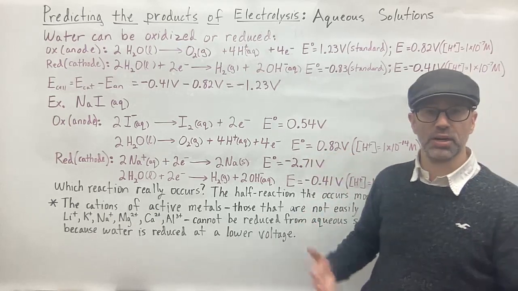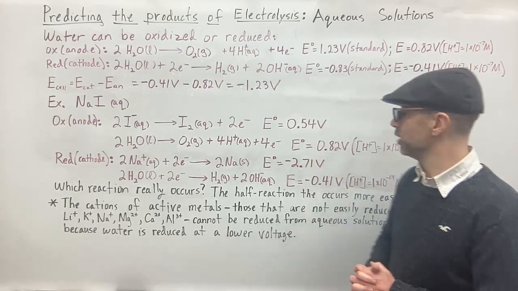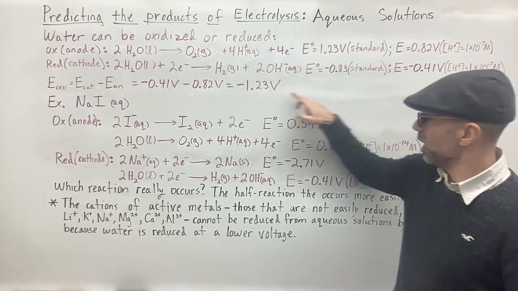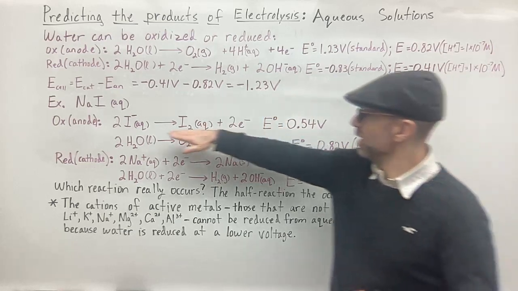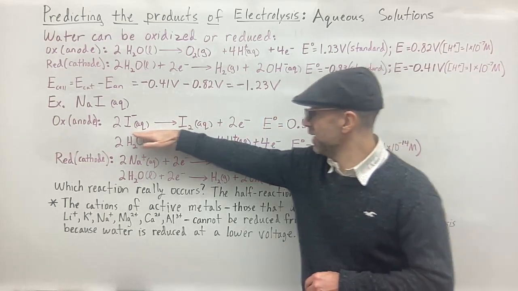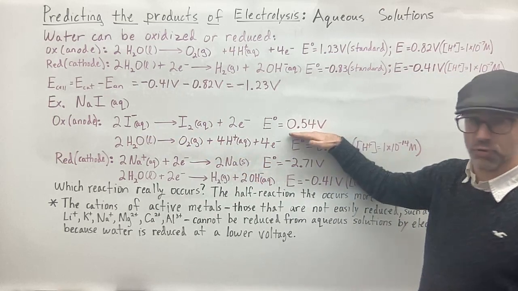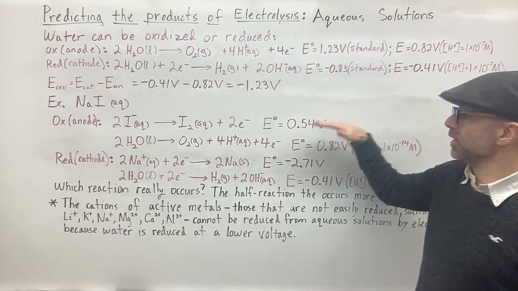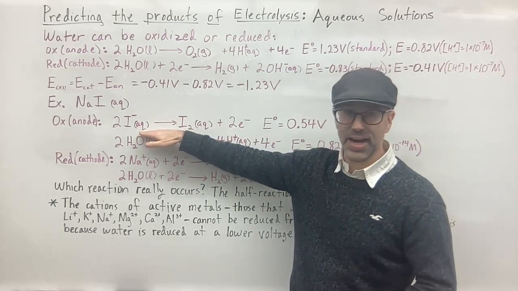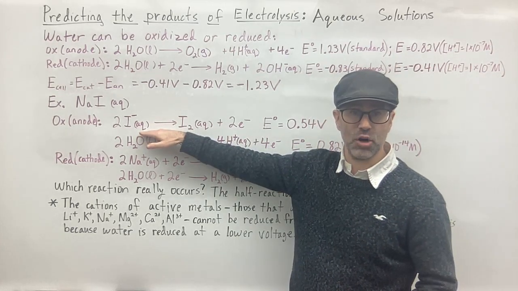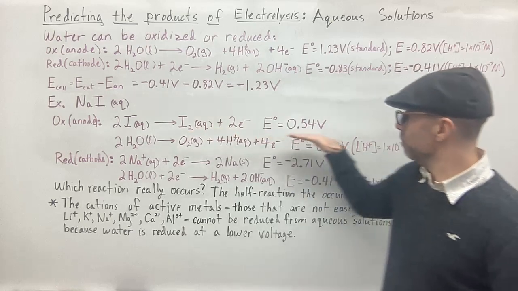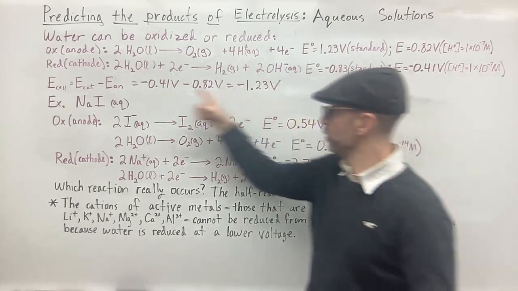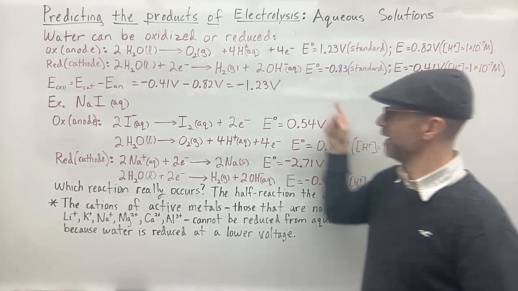Or the other way to put it is, which one is less positive? So if we look at the less positive one, we see that this one here, the oxidation of iodide ion, is less positive or more negative, and therefore we would expect the oxidation of iodide ion to occur at the anode compared to water, because it's more negative or less positive than that of the water. So this is what we would predict to happen at the anode.